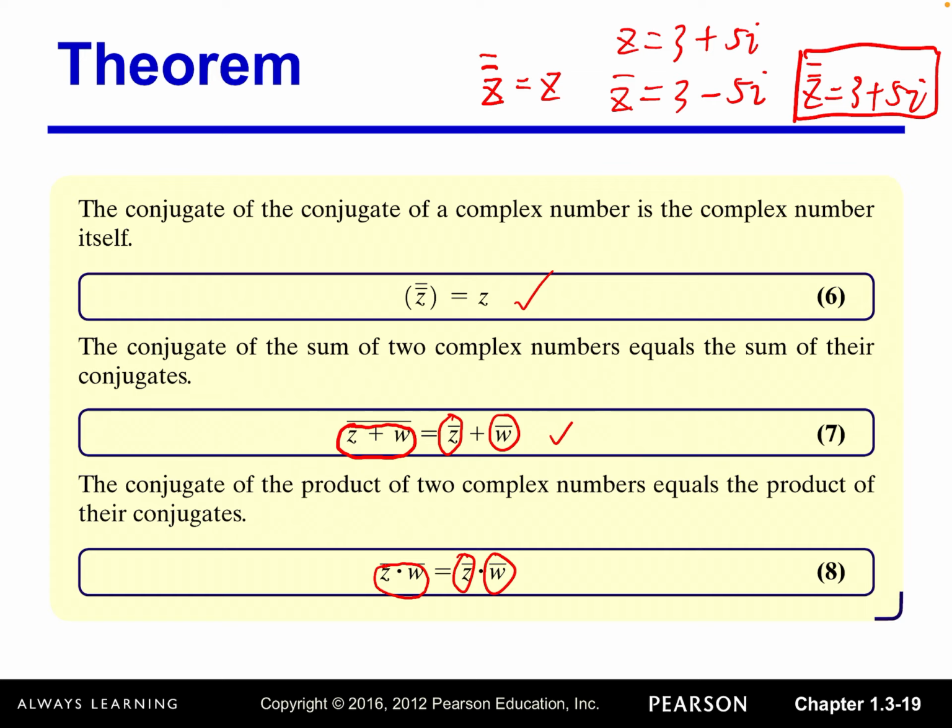The order doesn't matter. You can do either way. So adding and multiplying work the same. You can add or multiply first, then take conjugates, or you can take each complex number's conjugate first and then do the adding or multiplying. That's what this is for.